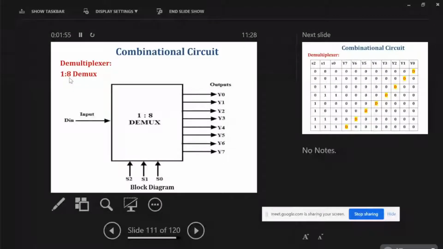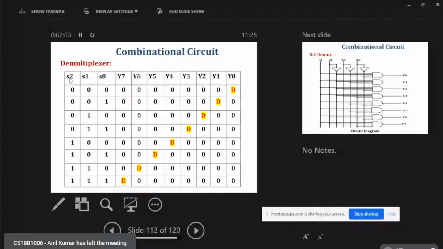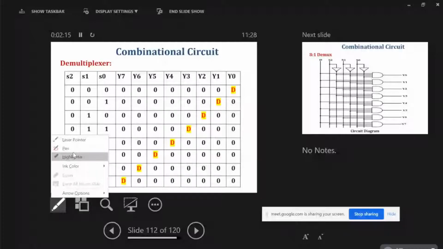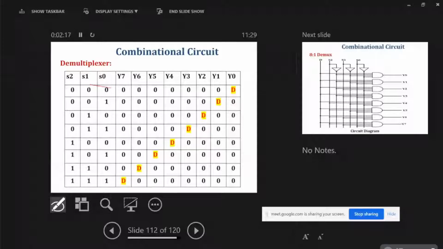For that, we don't have a Boolean expression yet, so again we have to prepare one truth table from the fundamental principle. Here the 8 combinations start with 0 0 0. Suppose that for this combination, D will appear at the Y0 line.